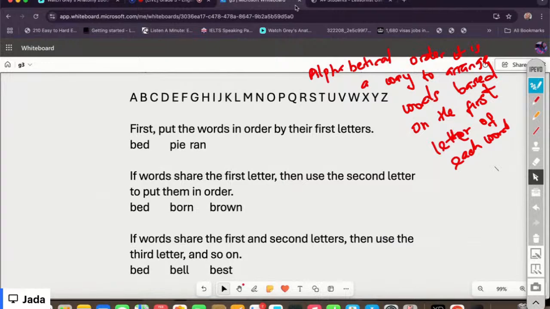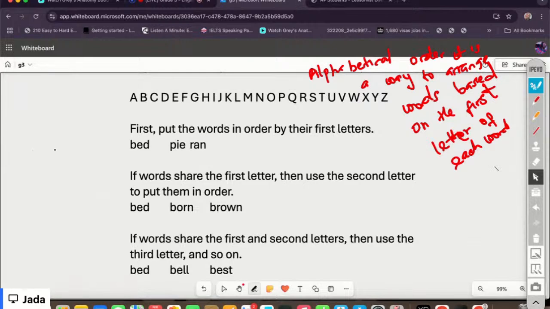So alphabetical order means that we put words in a very arranged manner using the first letter of each of the words, okay? And then we have to check also the alphabet to be able to figure out the right order in which the words can come.